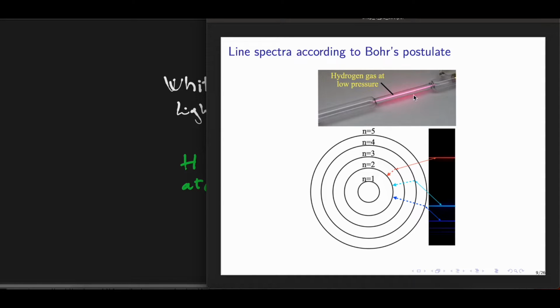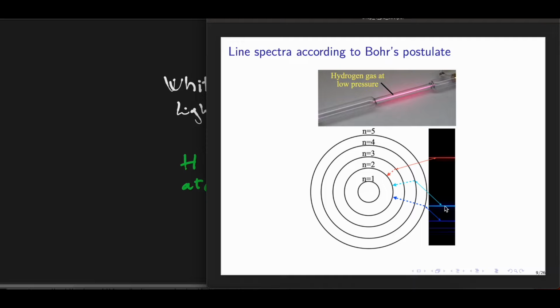So we can see here that we have a red light, and here we have the emission spectrum of the hydrogen atoms. According to Bohr, this line that we see here is due to the transition of the electron from the orbit n equals 3 to the orbit n equals 2.